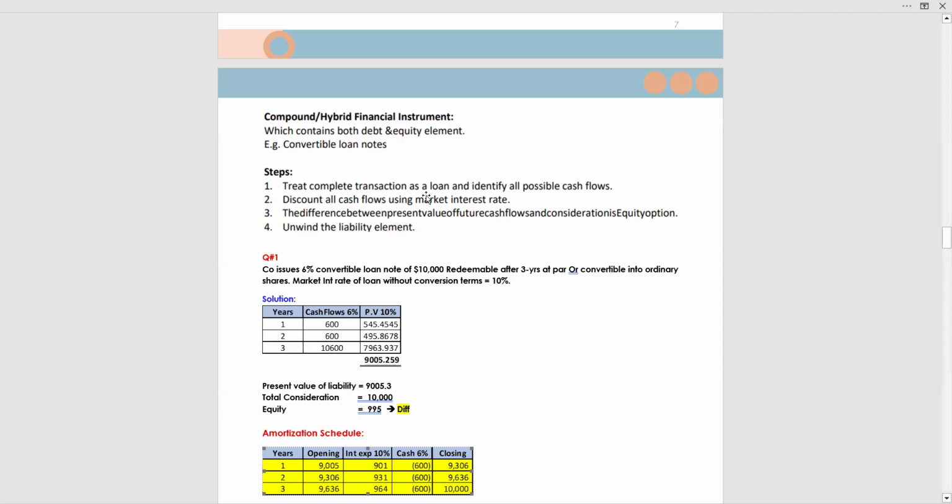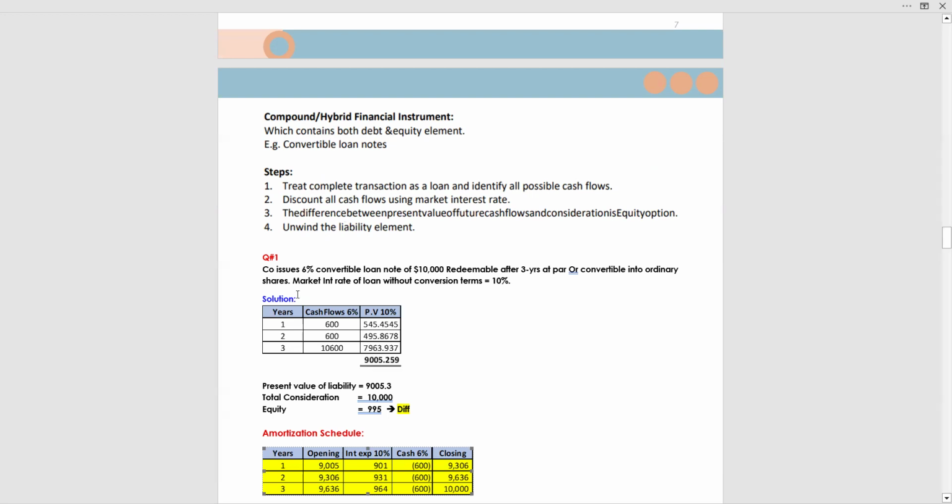Treat the complete transaction as a loan and identify all possible cash flows. Discount all cash flows using the market interest rate, the effective interest rate. The difference between the present value of future cash flows and the consideration is the equity option. It means total consideration less liability equals equity.